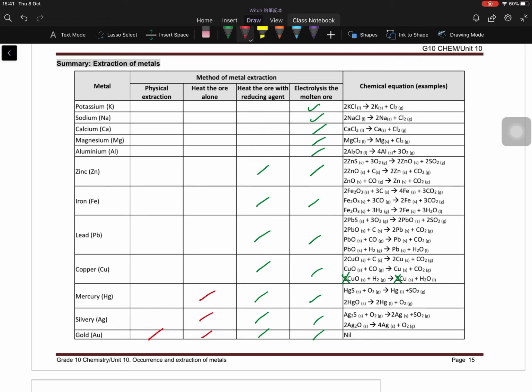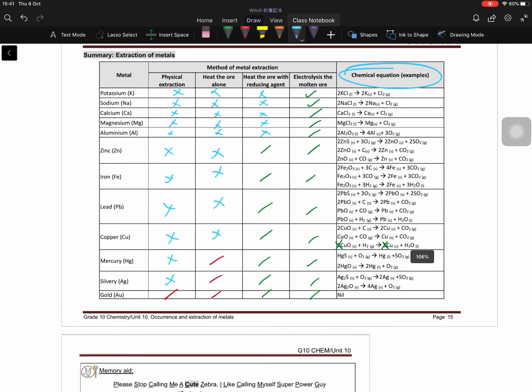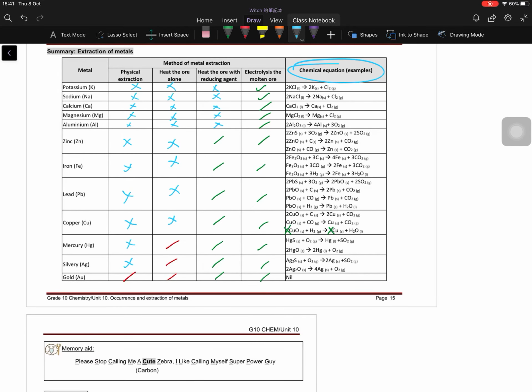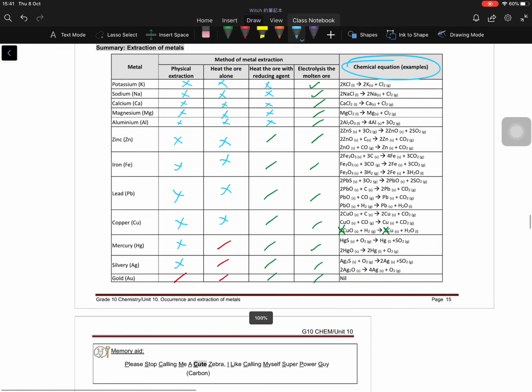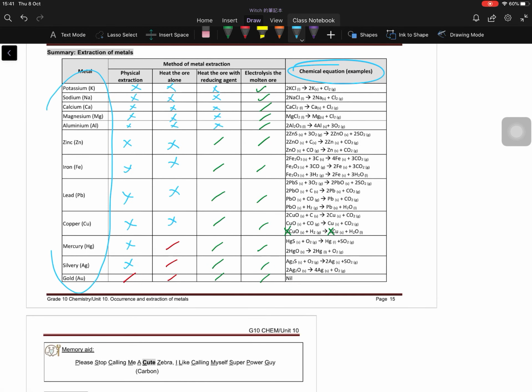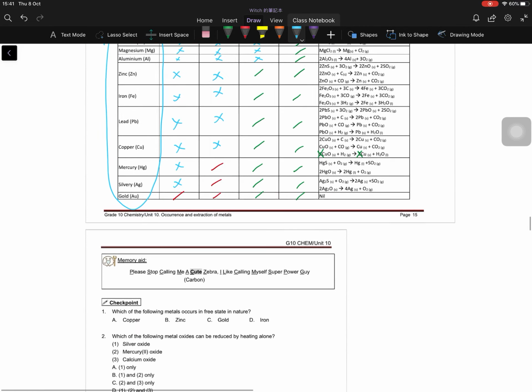The rest of them are not suitable. Like this, okay? And for the chemical equations, I hope you not only memorize them, but can derive and write them out by yourself, by understanding but not memorizing. And this is the same as what we call the reactivity series, so please remember that.